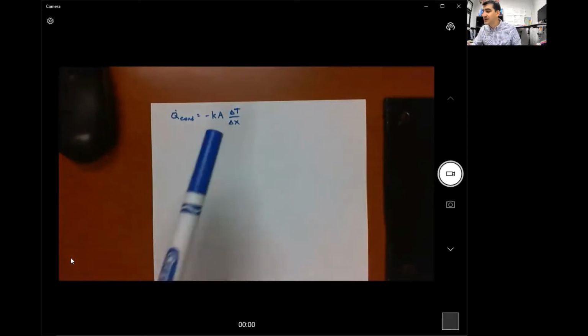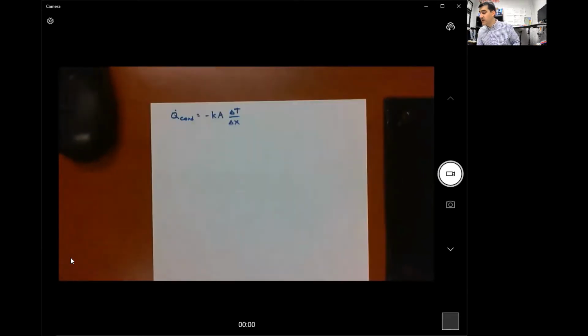How do we use that equation to solve a problem where we have multiple layers? Maybe we even have layers that are in parallel, where the heat could go in one direction or another direction and then come back to the same point. So you get the idea. This is a fairly difficult equation to use if we want to use it for practical purposes where we have conduction through multiple layers.